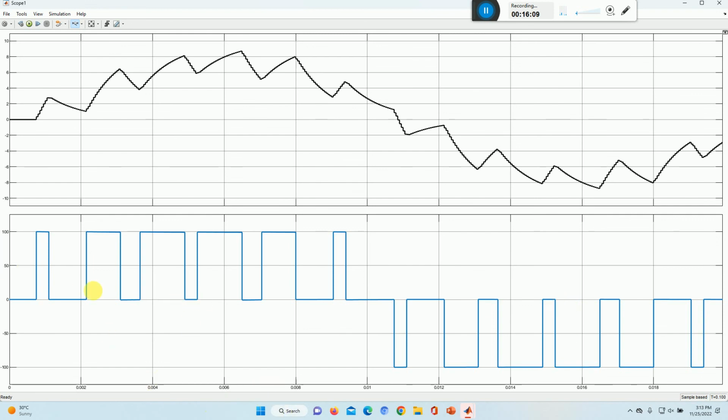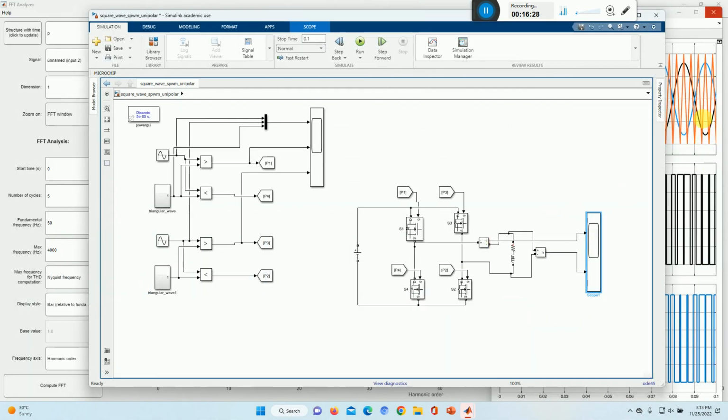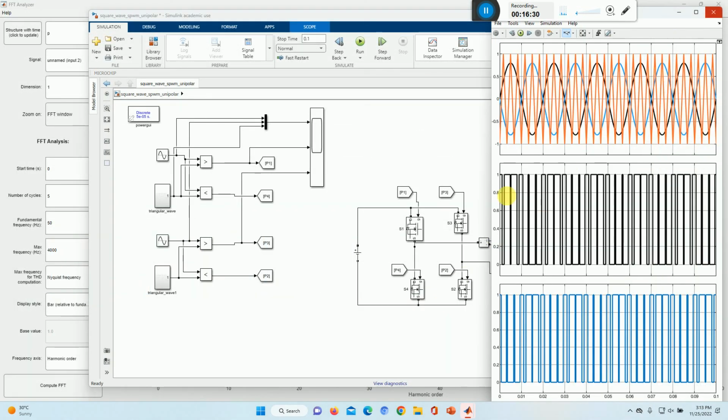So modulating frequency equal to 6 also means 6 switchings in a quarter cycle. Alpha 1, alpha 2, up to alpha 6 will be there, and alpha 6 is here, with 90 degrees. This is what we get in the output. That's the information we get and understand, and these are the pulses.